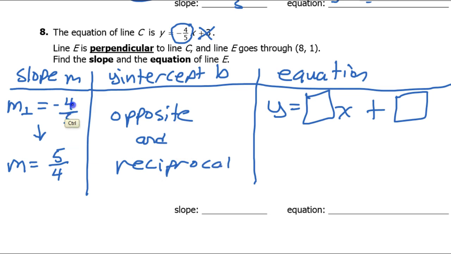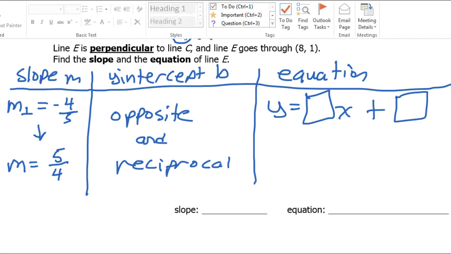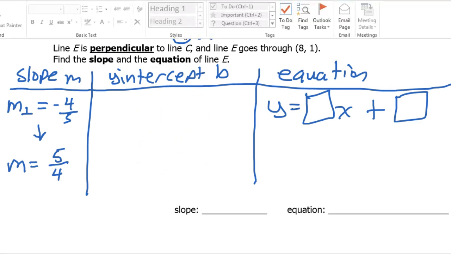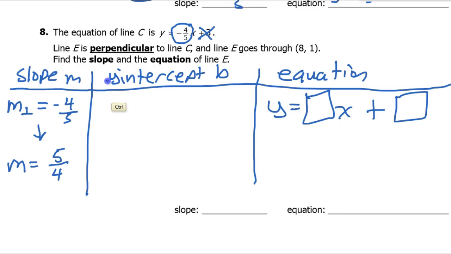Okay, because I had 4/5, I'm going to use 5/4. Because the first one was negative, I'm going to go positive, opposite and reciprocal. That's how perpendicular slopes work. The rest is the same as what we've done several times already.